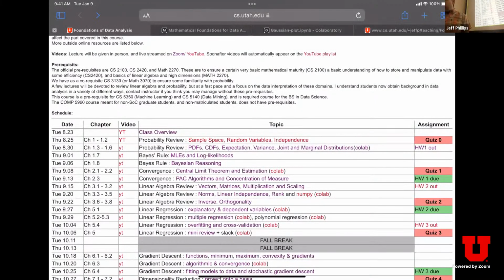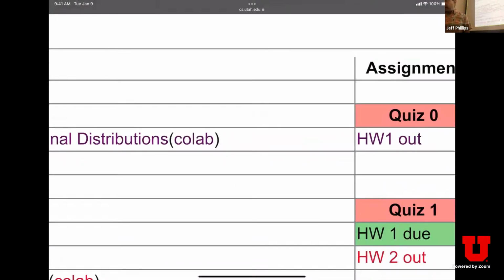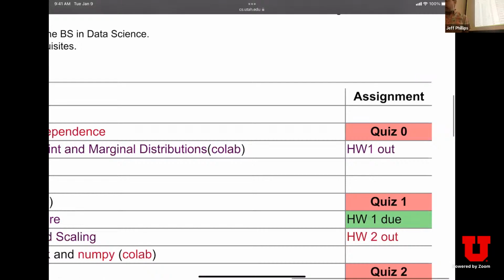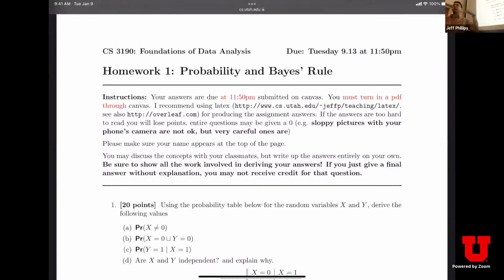What's important today is that homework 1 is out, right? If you click this link, it should bring up over here the first homework posted. I still have to update the link on Canvas and everything, but everything is live.